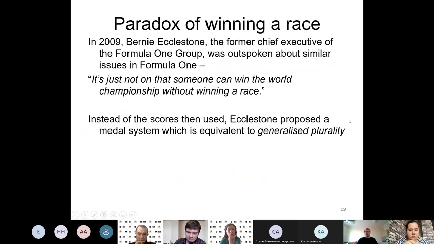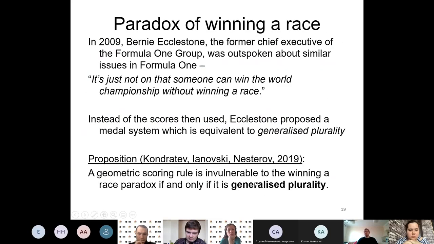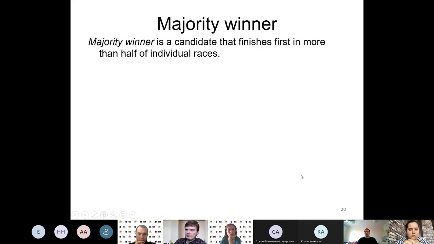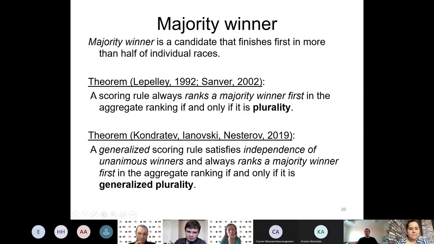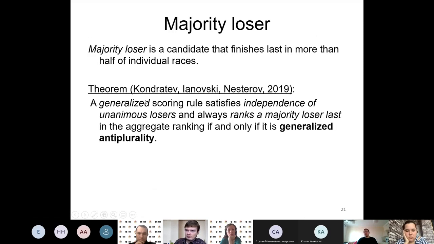But it is a champion. So to avoid this paradox, we must use generalized plurality. Or, of course, if we pose the famous majority winner criterion, we live with plurality. If we pose it to generalized scoring rules, we have only generalized plurality.